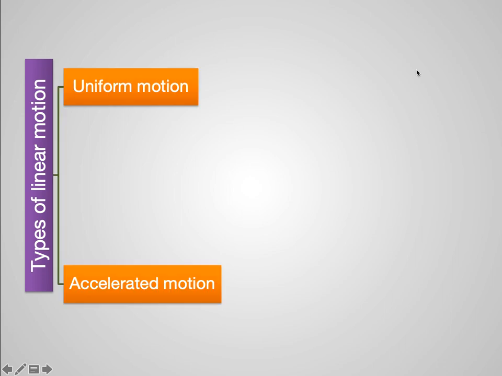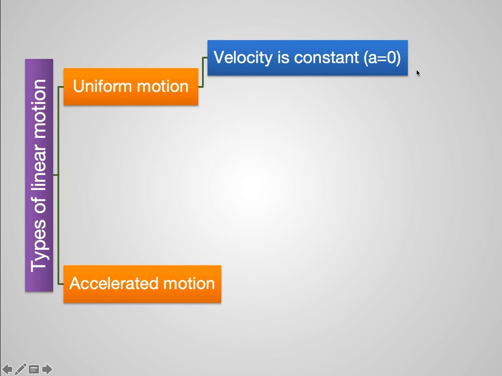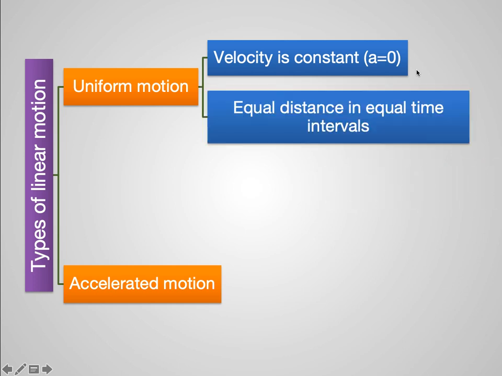Let's classify the type of linear motion. Basically, there are two types of motion. One is called uniform, other one is accelerated. Uniform motion, the property is velocity is constant. The body is moving without any acceleration, something like this, a car moving at constant velocity. Means it is covering equal distance in equal interval of time.